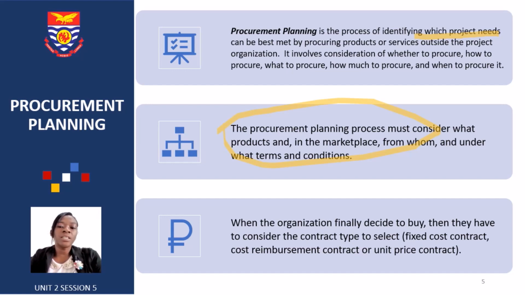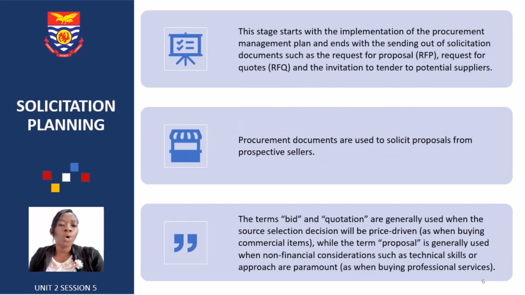And so when the organization finally decides to buy, then we have to consider the contract type to select, which is a fixed price contract, a cost reimbursement contract, or a unit price contract. Different types of contracts exist, and depending on what we are going for, that is what we are going to use. So we need to plan first and foremost how we're going to actually solicit for these things we need.